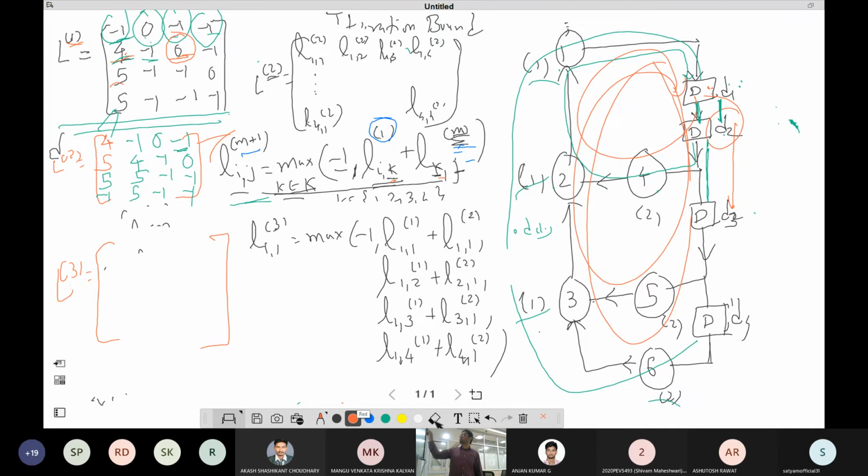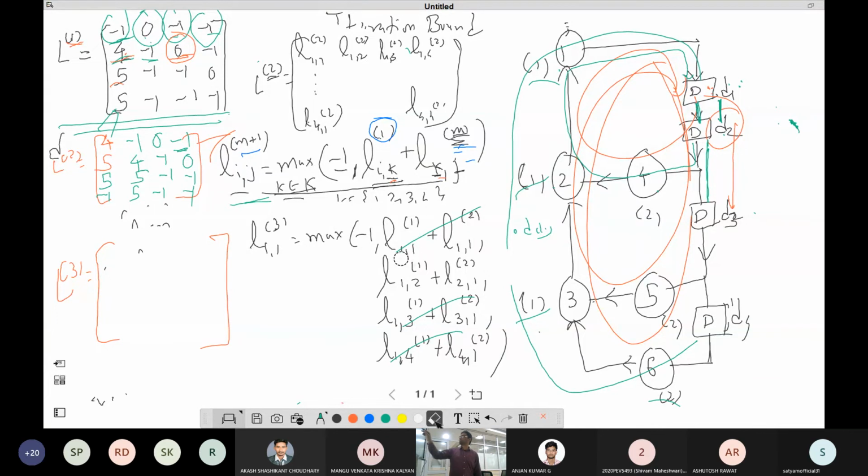Now L11, this part does not exist, so forget it. L13 also does not exist, L14 also does not exist, only L12 exists. So L12 is 4. L21 of 2, what is it? L12 is 0, sorry, this is my mistake.